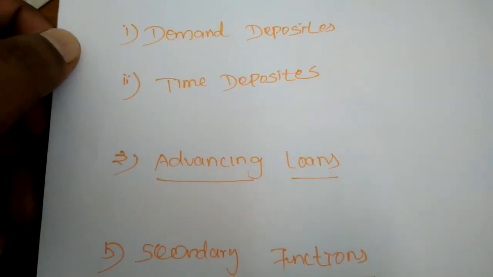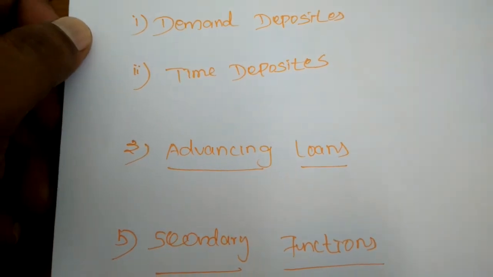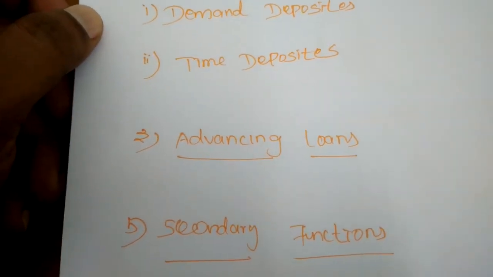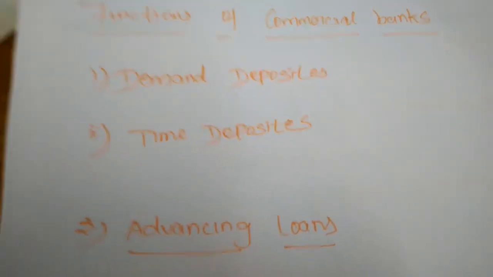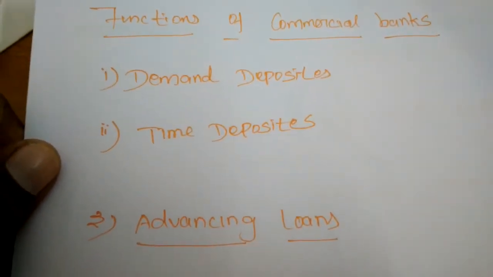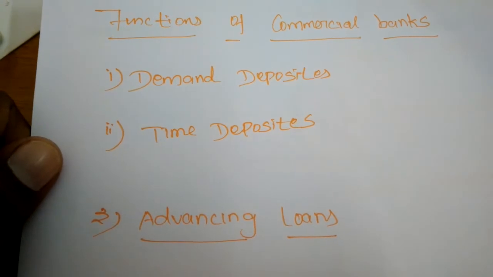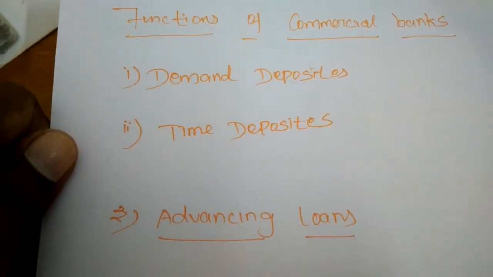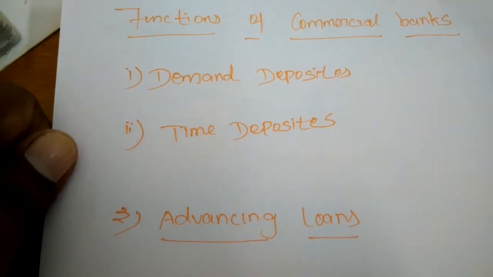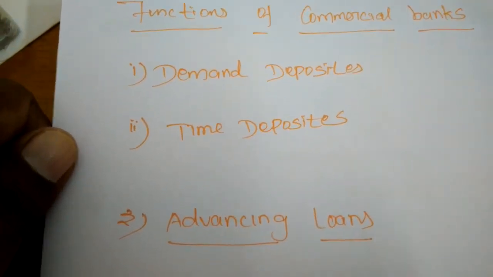Time deposit refers to deposits that are made for a certain committed period of time only. Those who have a time deposit must be committed for some period of time. So banks pay higher interest on the time deposit.